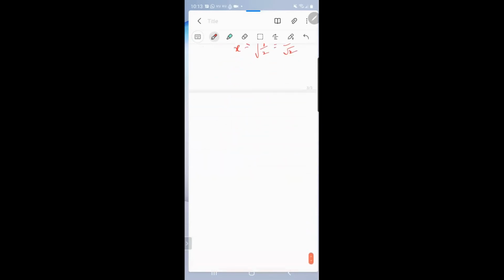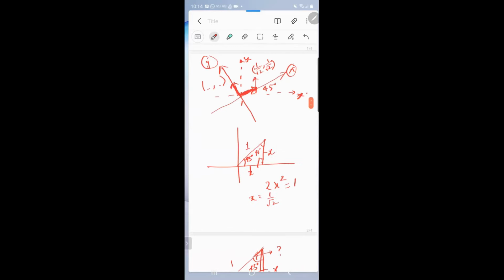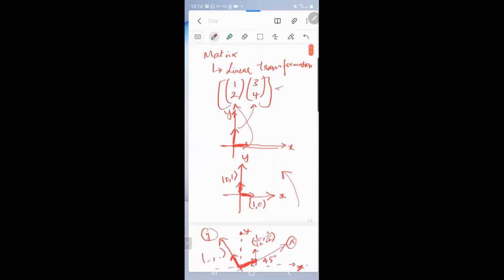So as a way of getting rid of this burden of keeping track of the original coordinate axes, eigenvectors were introduced. Just before we go into eigenvectors, what we saw is a matrix represents a linear transformation.